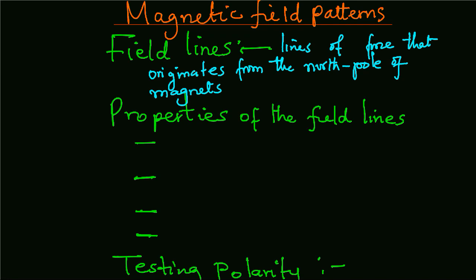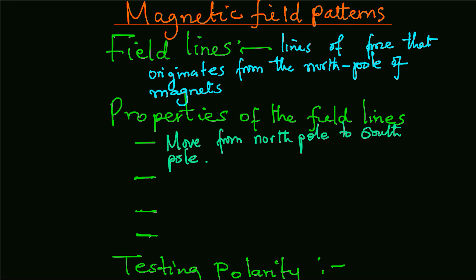One, they are imaginary lines that move from North Pole to South Pole. Two, the field lines of force are parallel and never intersect.